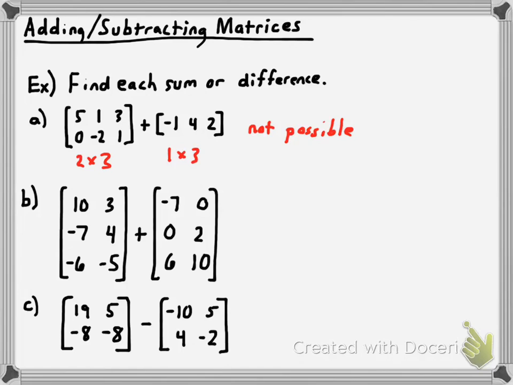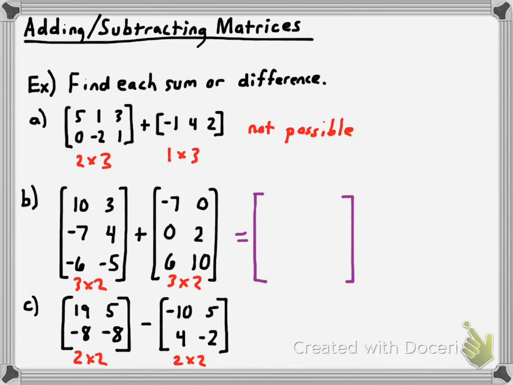All right, whereas if you look at B and C, you do have two matrices with equal dimensions there. Those are both 3 by 2 matrices. And in C, you have a pair of 2 by 2 matrices, so the addition and subtraction are going to be possible.